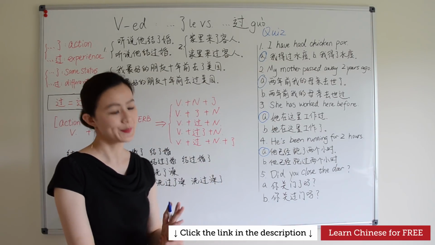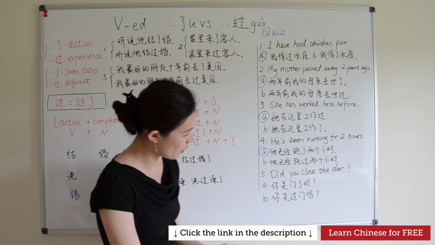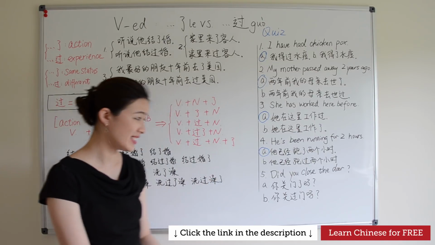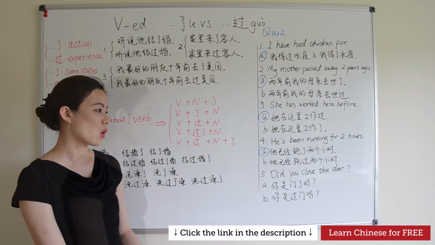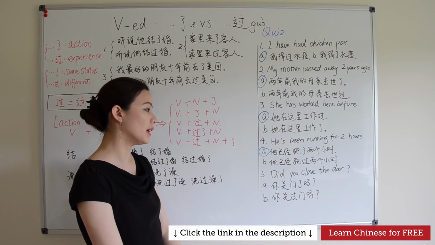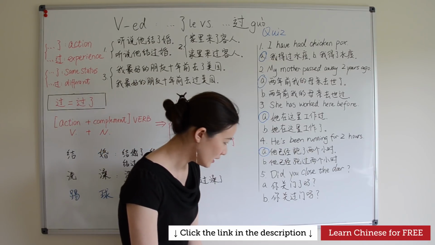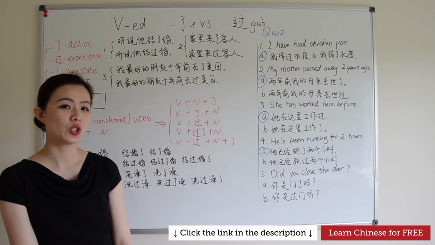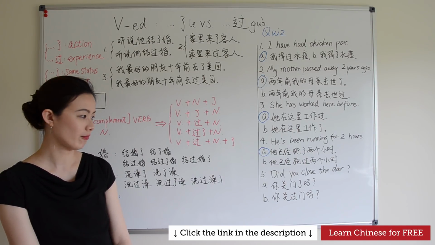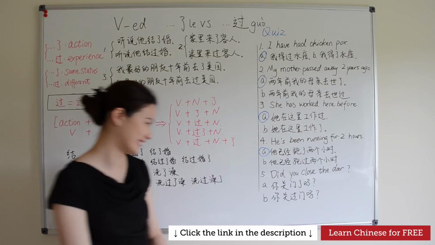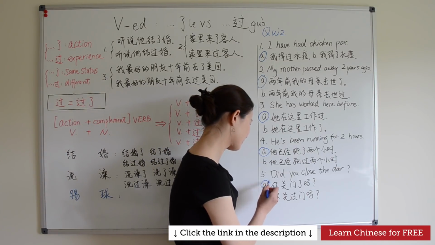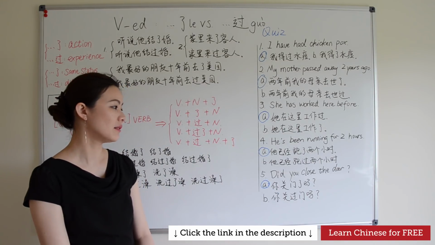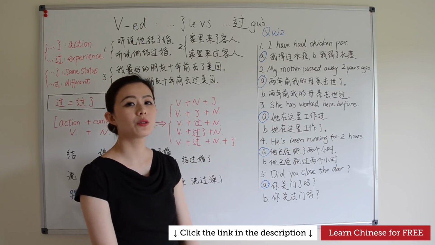The last one. Did you close the door? Did you close the door? So, shall we say 你关门了吗? Or 你关过门吗? Which one would you choose? It's A again. Okay, 关门了吗 means did you close the door?